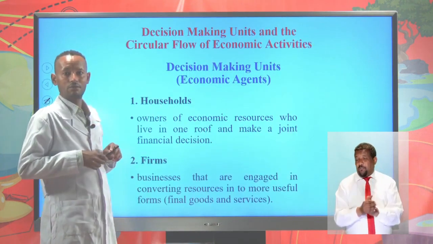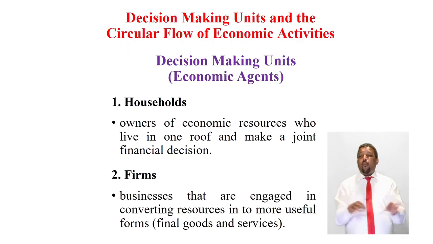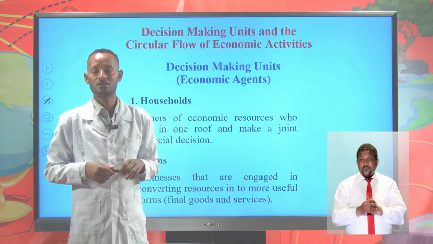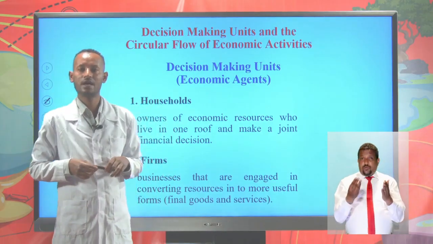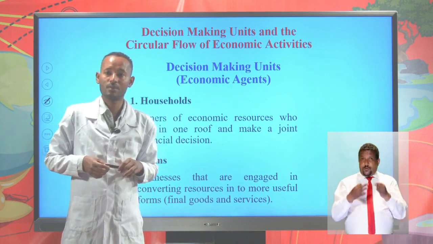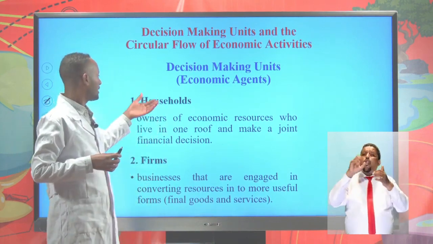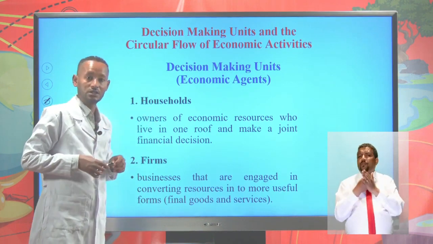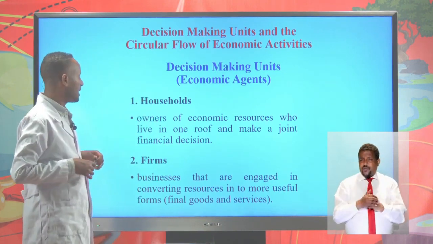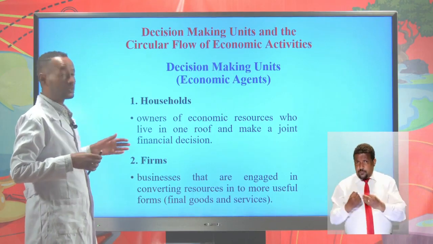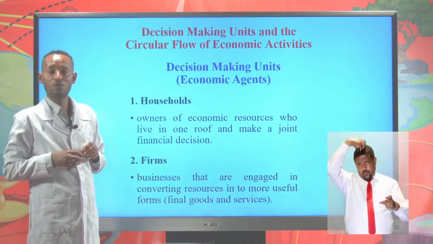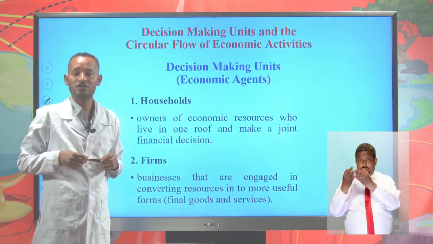Now let's move to another important lesson under this unit, which is about the decision making units and circular flow of economic activities. There are three decision making units or economic agents called households, firms, and government. Households are the ones who live under one roof and make joint financial decisions.